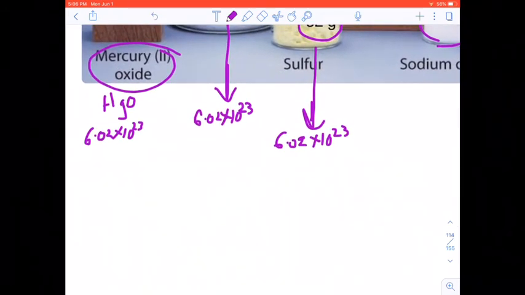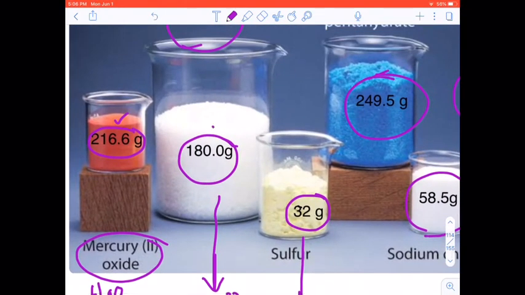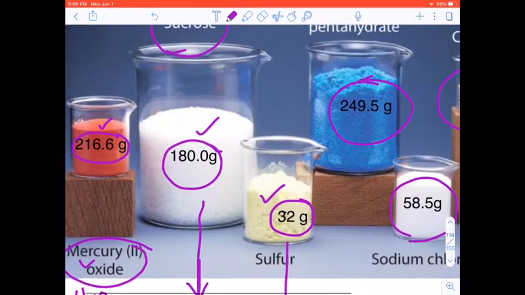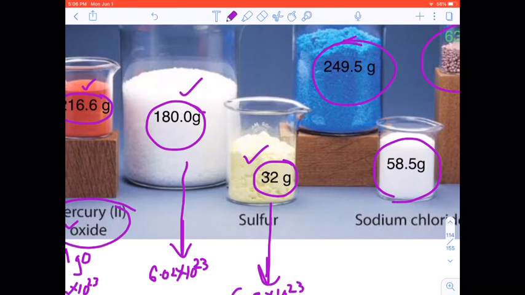All of those, with their respective masses, each of them has 6.02 times 10 to the 23 of those elementary entities. If I'm dealing with a molecule, that's the amount of molecules it has. If I'm dealing with sulfur, sulfur will have atoms, right? And if I'm dealing with copper, copper will have atoms, right? So there you have it.